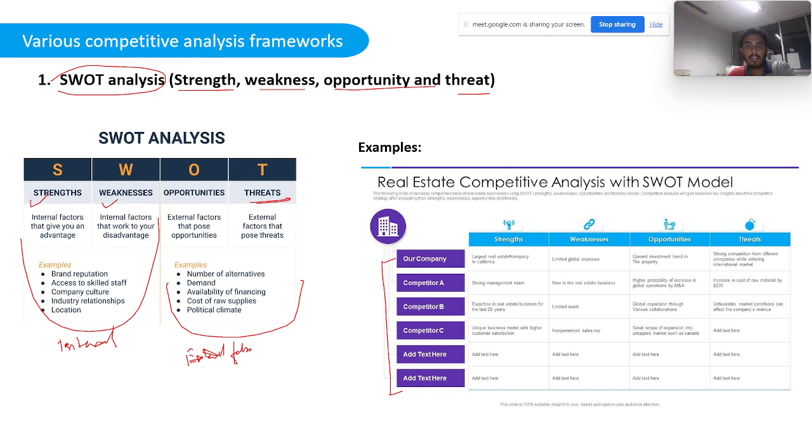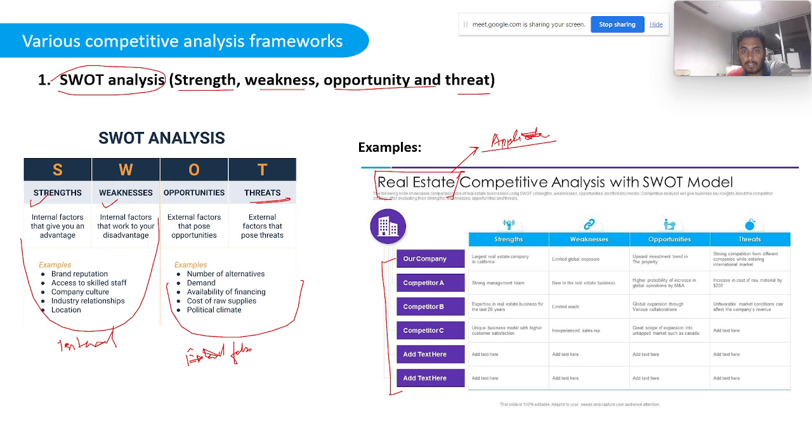So for example, here is an example of a real estate company that tries to do SWOT analysis to understand the strength, weakness, opportunity, and threat for their particular company or product. Now, this is not an example for a UX solution, but you can consider it as a very similar example, because here also you can have an application as a product of a real estate company.